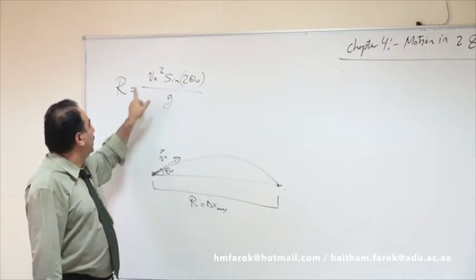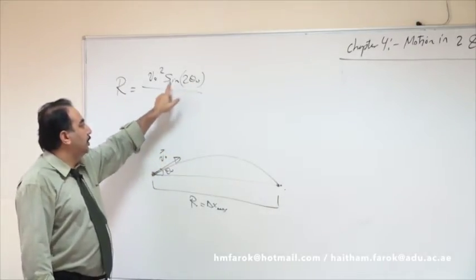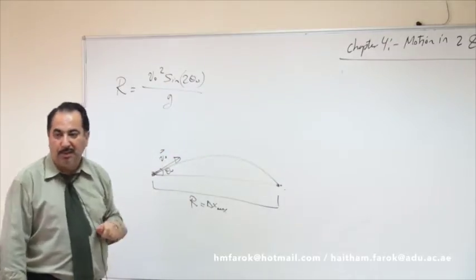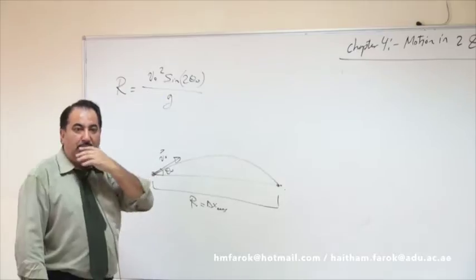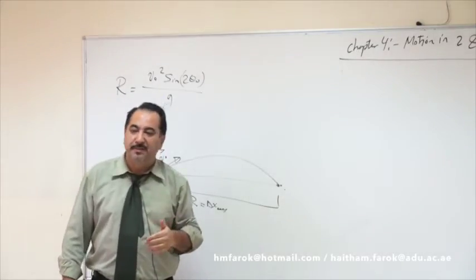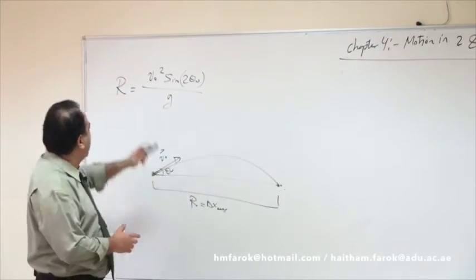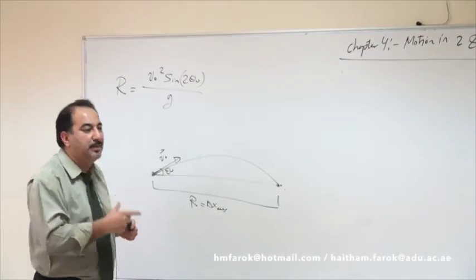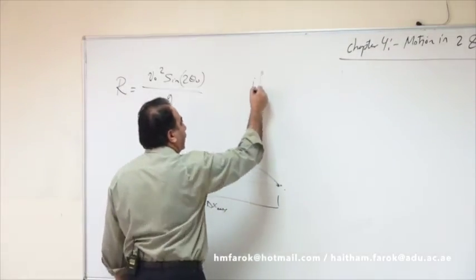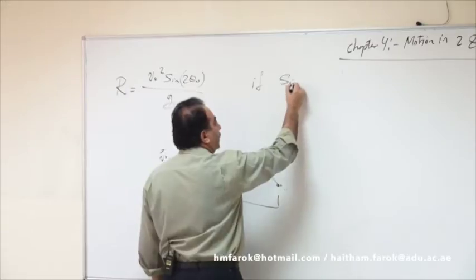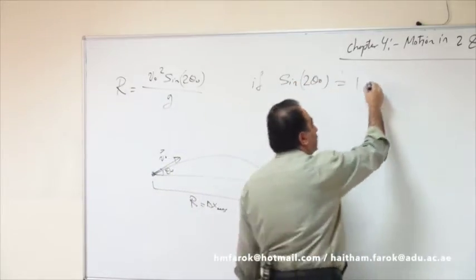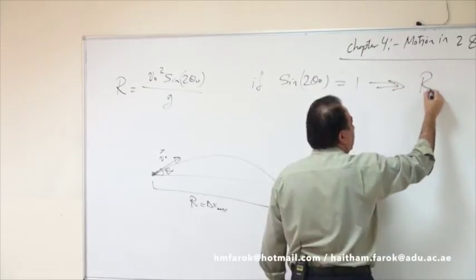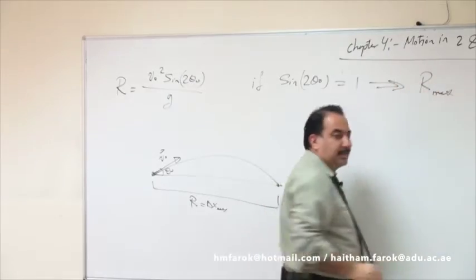But here R depends on sine of the angle, which means you have to maximize sine. What's the maximum value of a sine? So R can reach its maximum value if sine of twice theta naught equals 1. What happens? R will be R max.